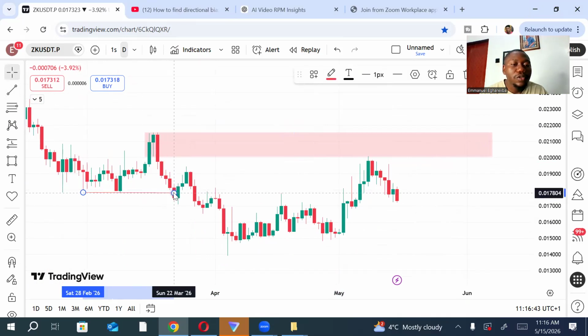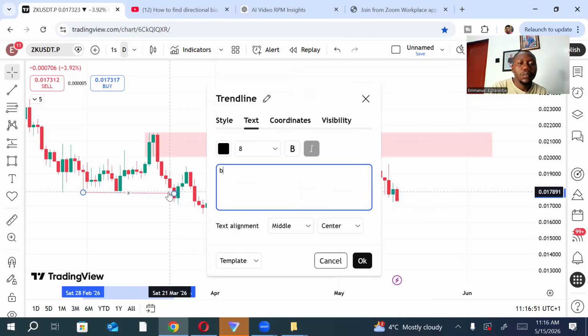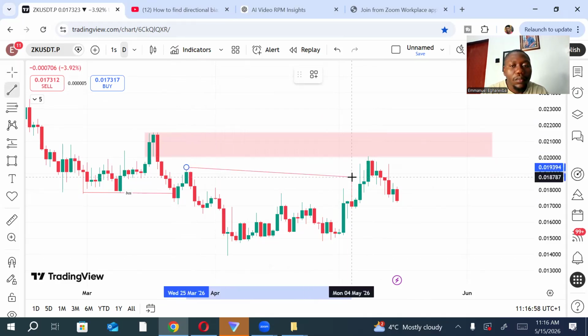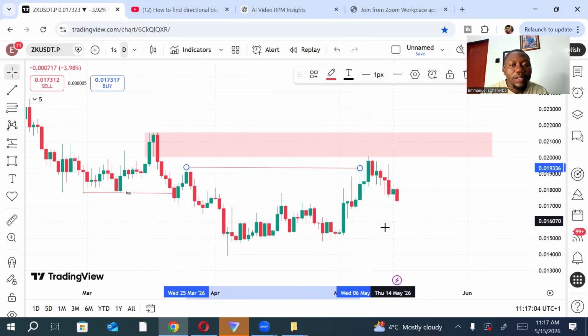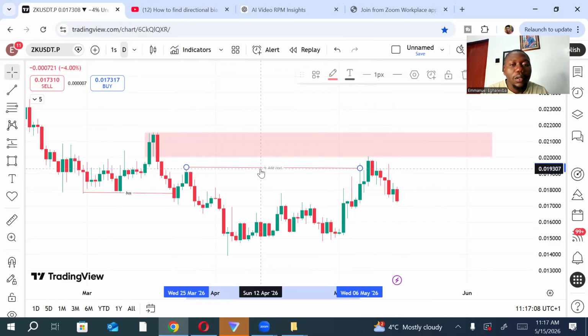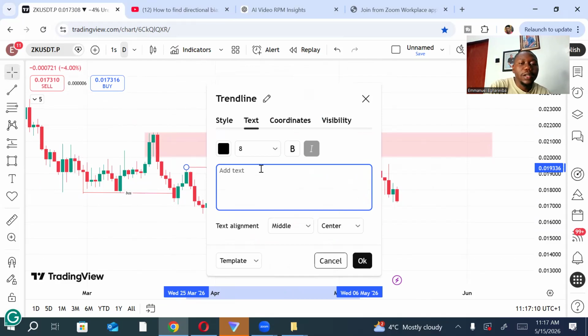So this was a break of structure. This was a break of structure. This was our inducement. You can see the way price took out that inducement. I will illustrate this with my dollar sign.